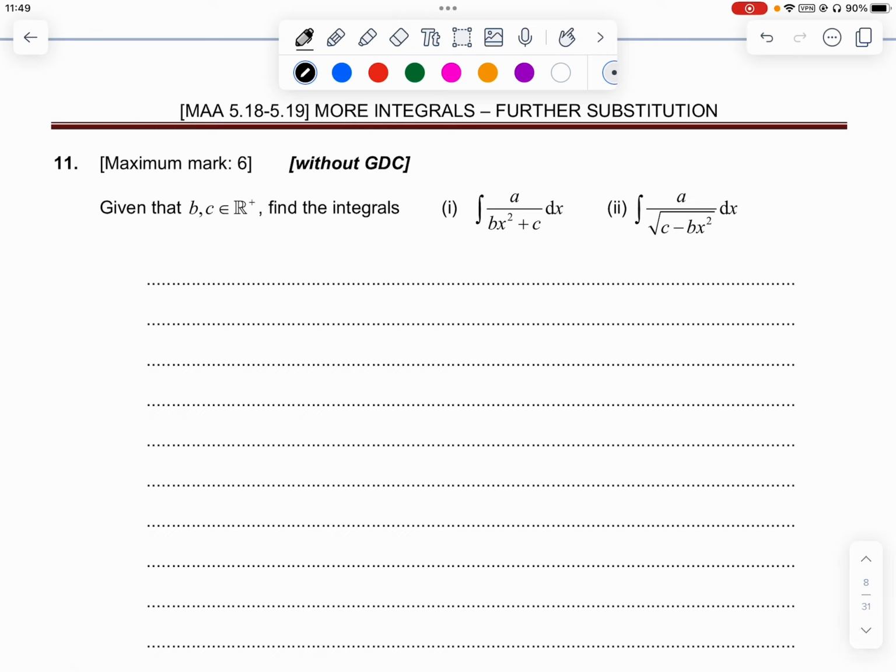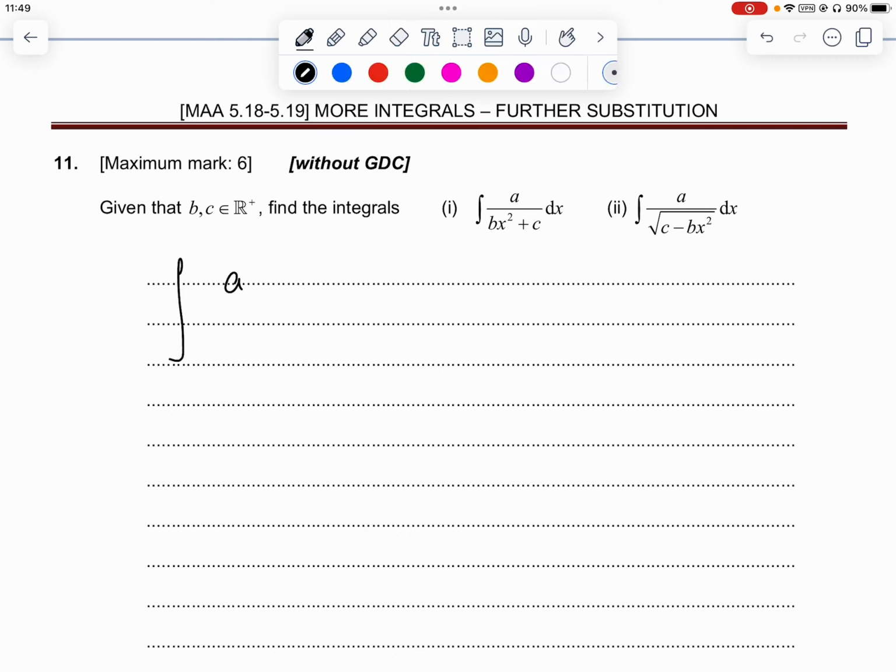Question number 11. Find the integrals of a upon bx square plus c. How should I be doing it? So I take b common, so it becomes x square plus c upon b dx. Let me write it out neatly once again.